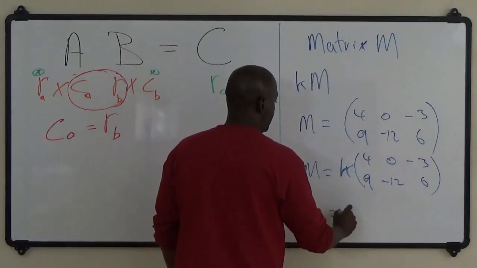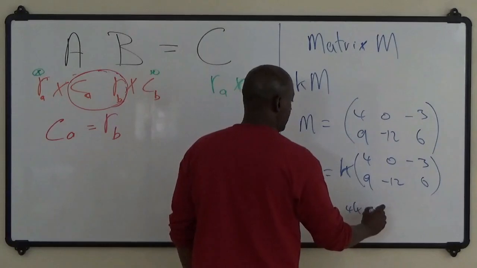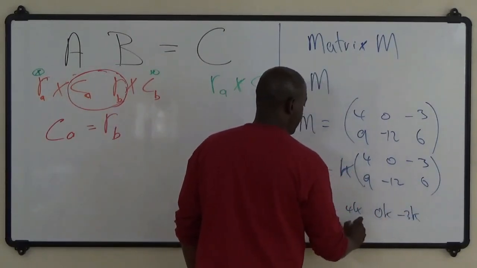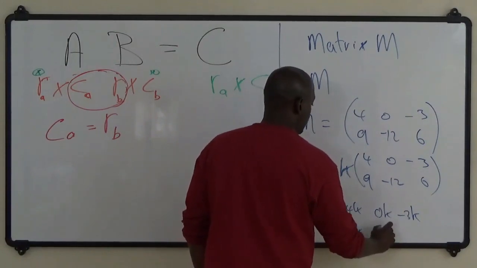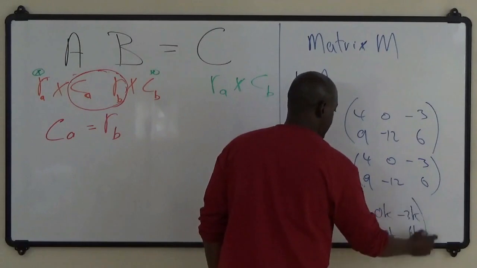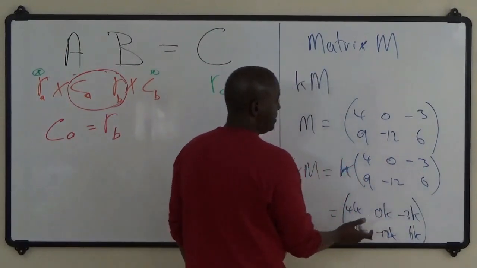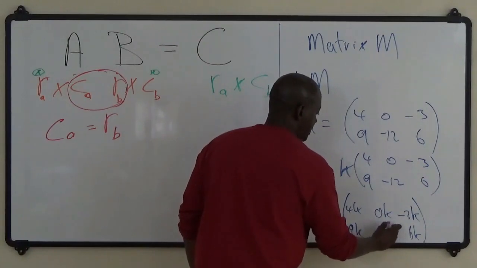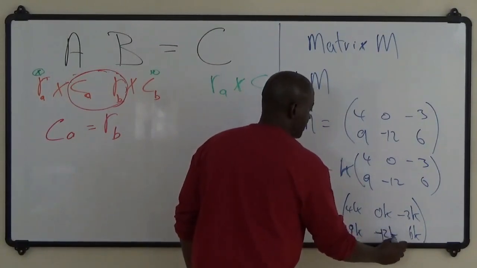And the answer will then be 4K, 0K, minus 3K, 9K, minus 12K, and 6K. Of course, 0K is 0, but we leave the 0 there just for the sake of explanation.